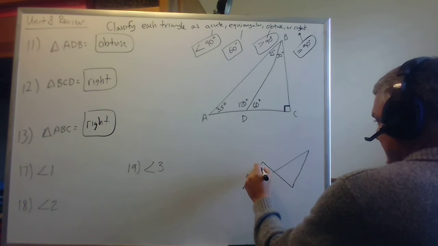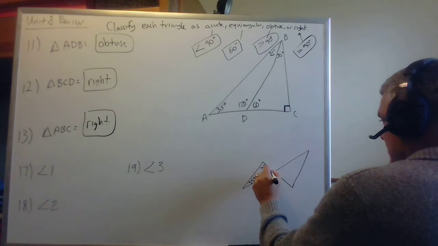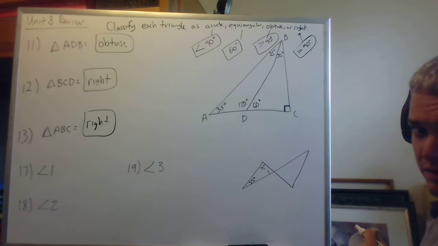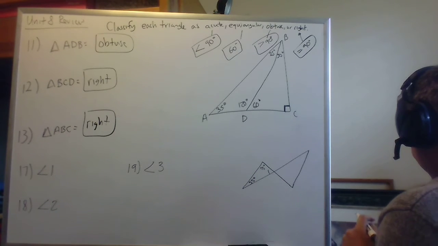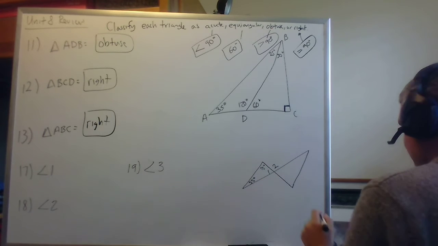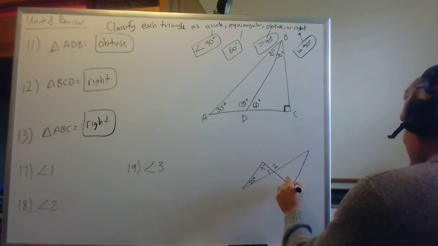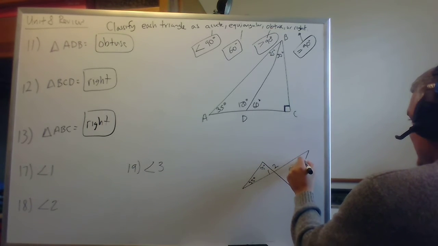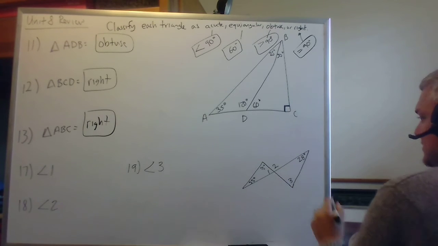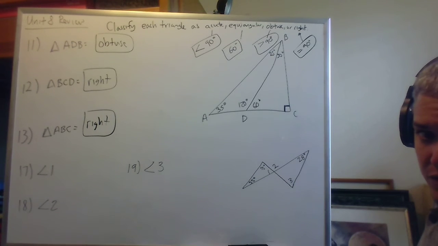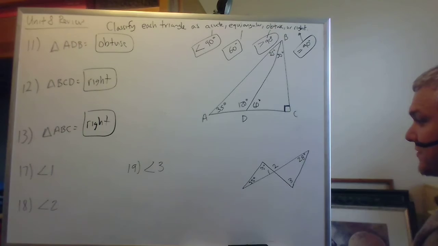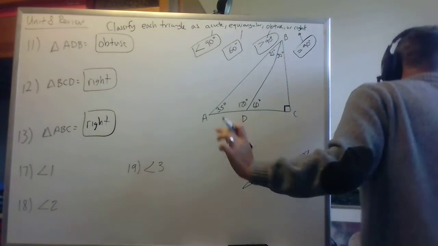We have 75 degrees right here. Angle 1. We also have angle 2 right here. Angle 3 and 28 degrees. Okay, so essentially we want to find angle 1.